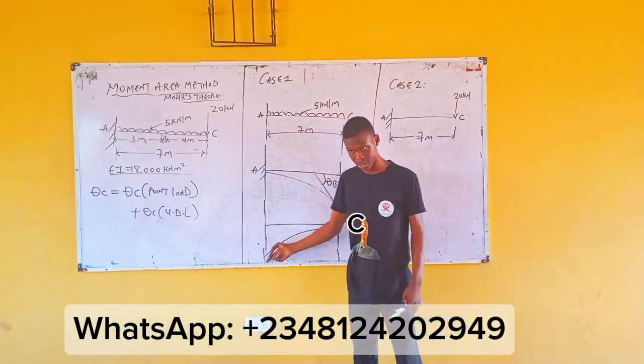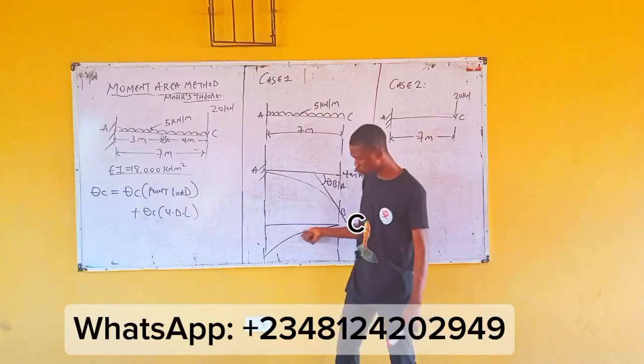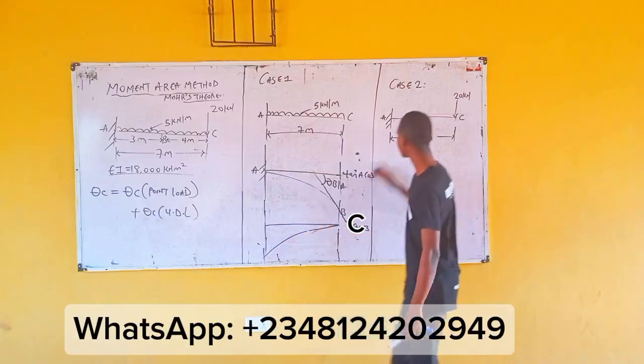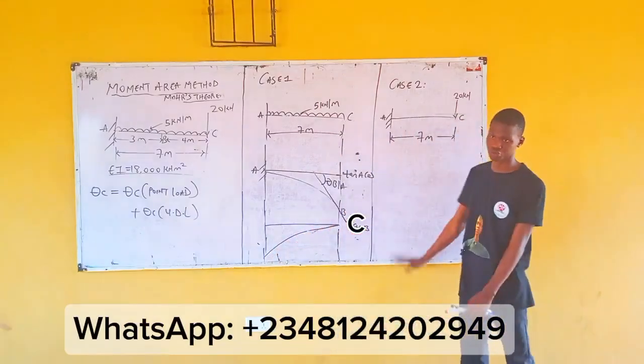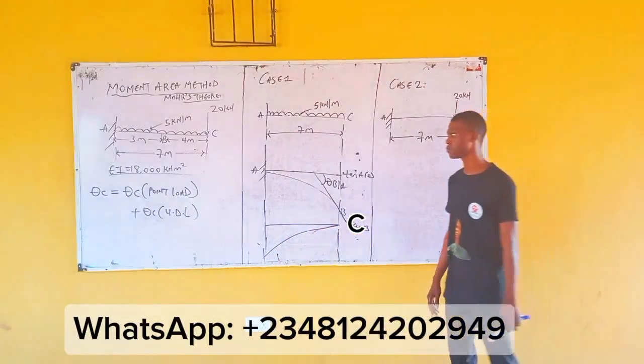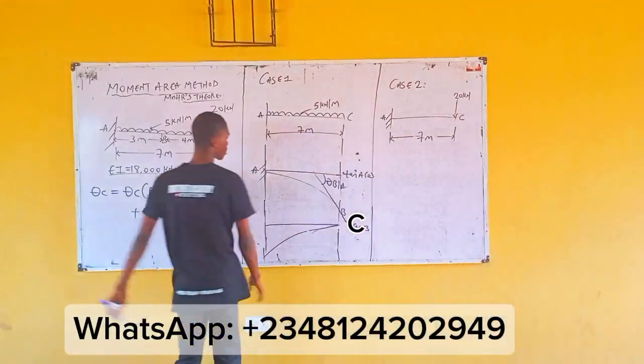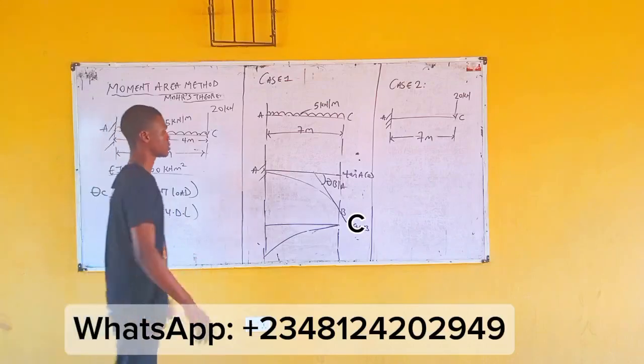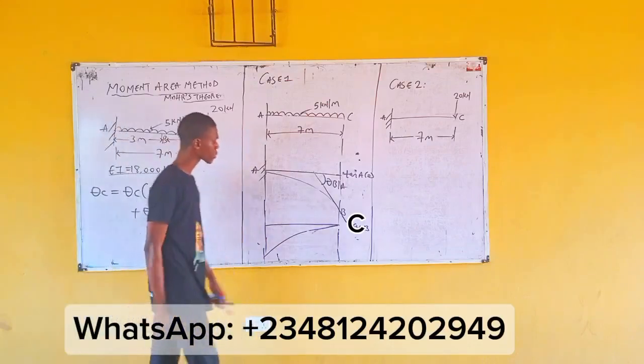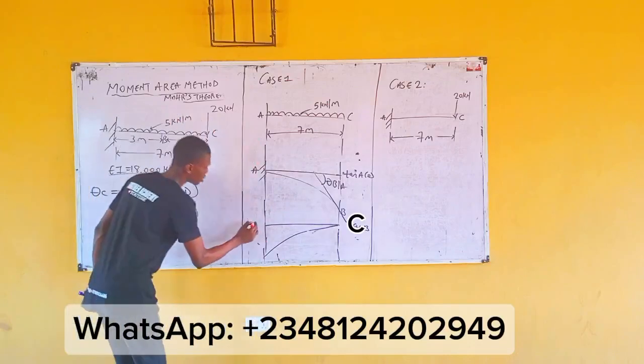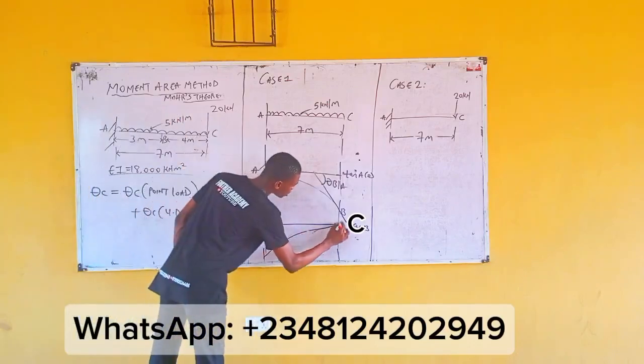It's a right angle triangle, but it is going to curve in this manner. But for the point load, you have a straight right angle triangle. That's the difference. So that's how it works.